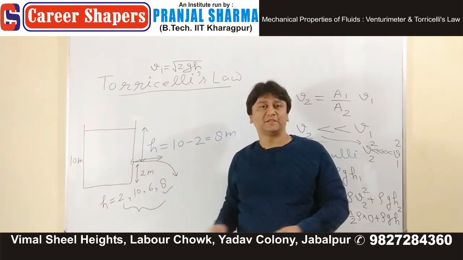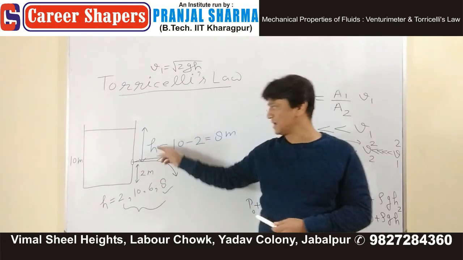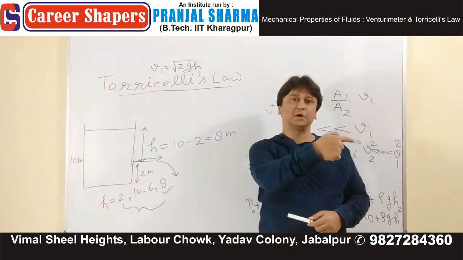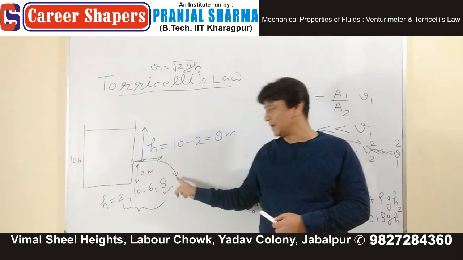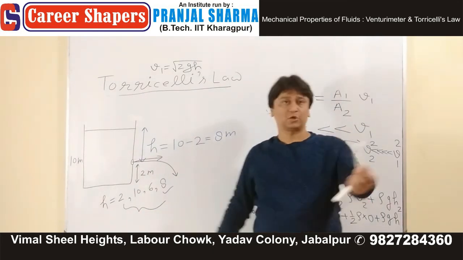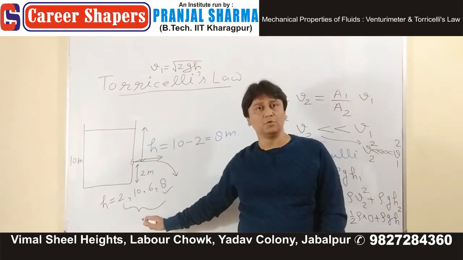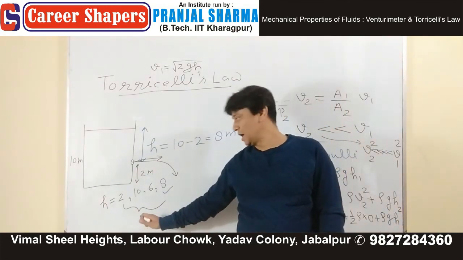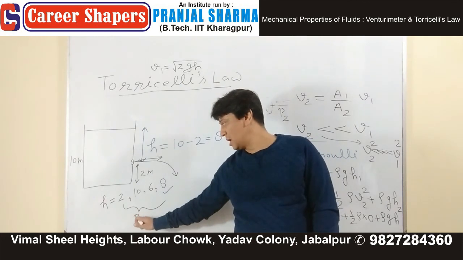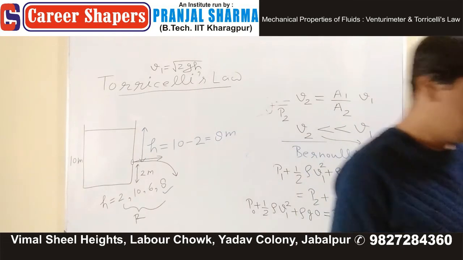A very basic question. You have a tank, you made a tiny hole at some depth, water leaks out. Where exactly does it land from the base, that's the question. As a hint, I'm asking you R. Let's see how many of you can answer this.